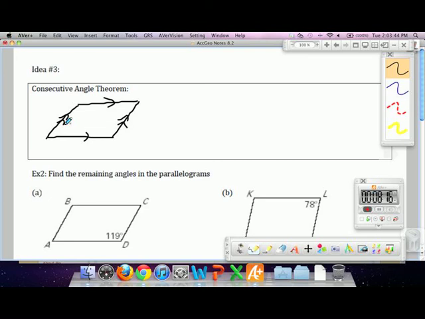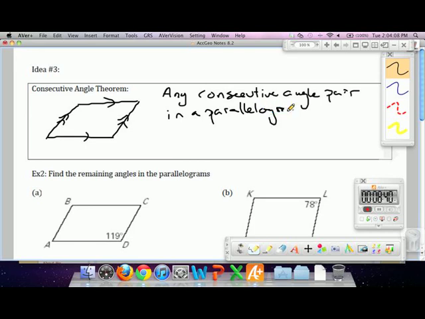And notice that no matter what angle pair you pick, you get consecutive interior angles for a pair of parallel lines. So the consecutive interior angles theorem just says that any consecutive angle pair in a parallelogram is supplementary.